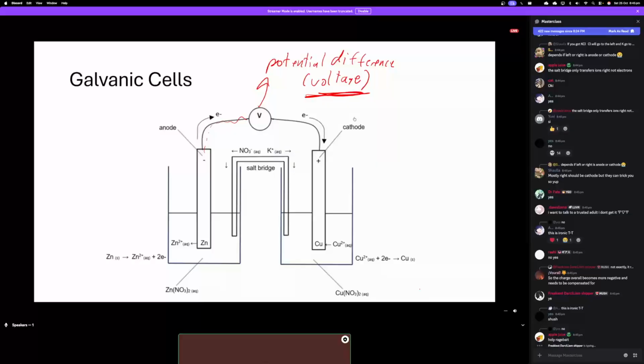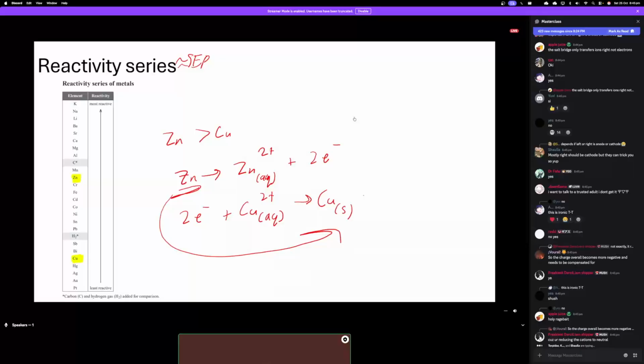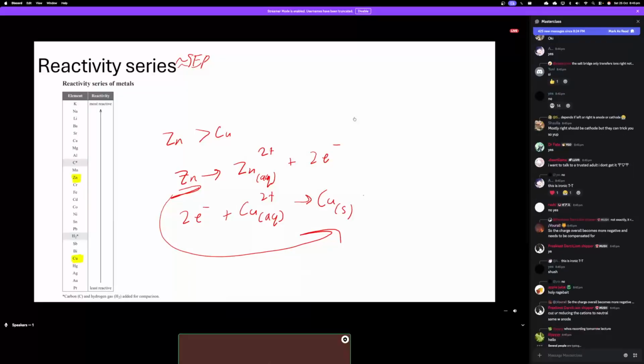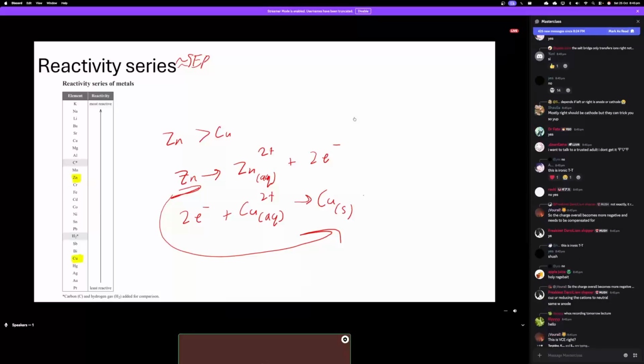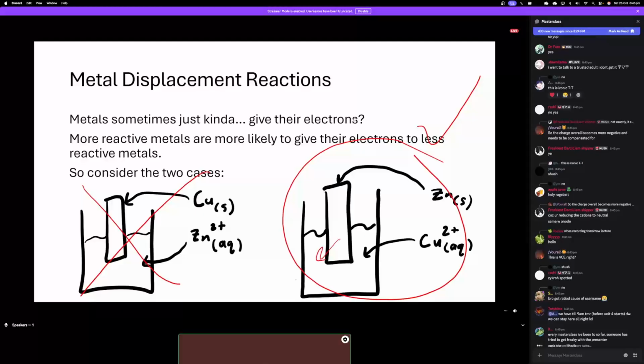Okay, restart. Zinc is more reactive than copper. So zinc wants to give its electrons away to copper, right? In this example, zinc and copper were just touching each other, so that zinc could just give it straight to the copper.